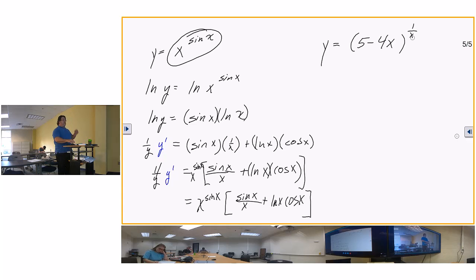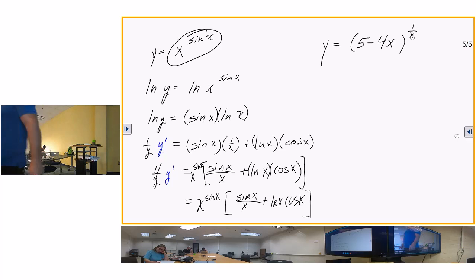So take the log of both sides. That's what I was saying to you before. Yes, you could do some of these both ways, but you'll find out that some of these it'd be easier just to take the log of both sides. Because basically you're turning the chain rule on the right-hand side into the product rule. That's why you take the log of both sides.